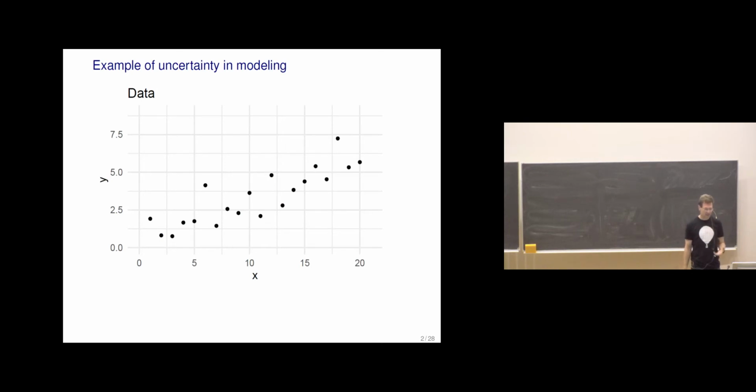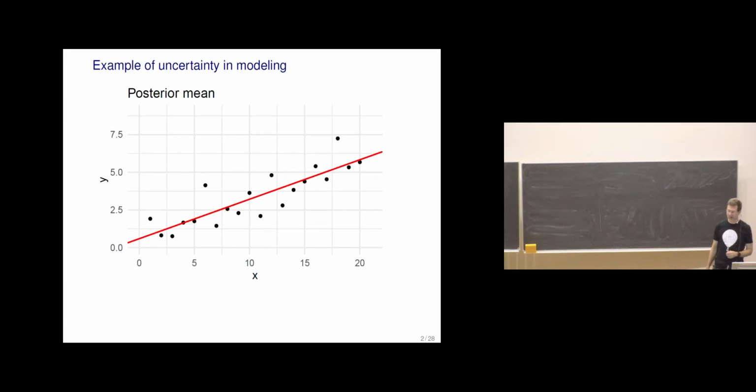First, just the visualization of uncertainty in modeling. We have some observations. They are x values and y values, and we would like to know the relation between x and y values. And we might think that maybe this is linear, and here we would have just the point estimate, what would be the best linear model fit to this data.